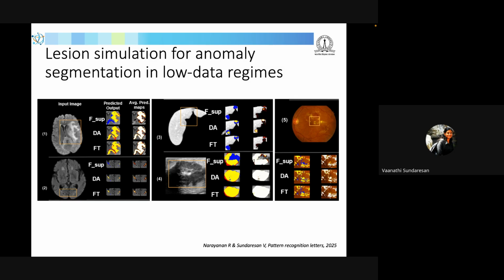Now, you can see that the cases that use the augmented, synthesized data in some way always provided better performance, right? You can see in here the liver tumor and also the retinal scans, where they are getting better performance. The yellow regions show the true positives. Blue regions show the false negatives, which are the regions missed by the model, and the red ones show false positives, which are incorrectly detected by the models.